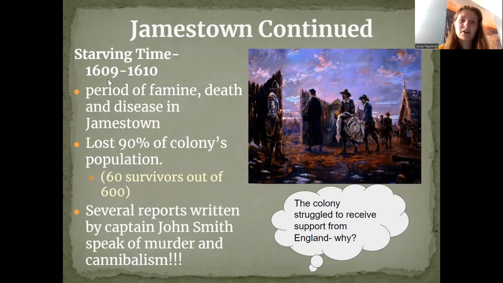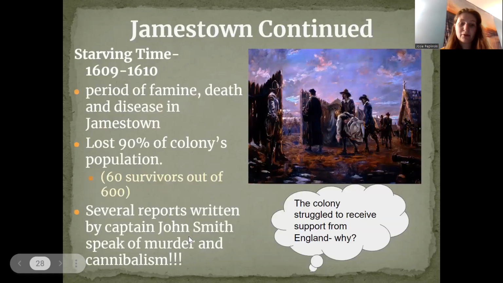So things keep getting worse in Jamestown with this period called the starving time. This is a period of extreme famine, death, and disease where 90% of the colony's population died. There were only 60 survivors out of 600 original residents.